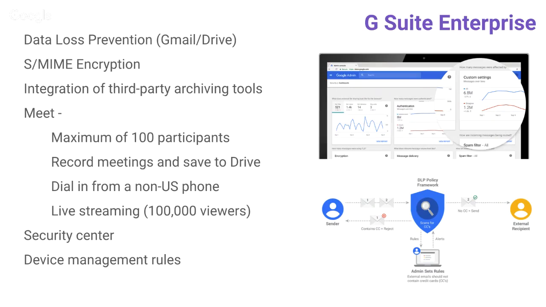Now, in the earlier versions of G Suite, Basic and Business, you did get some of this functionality, but Enterprise takes it to a new level and offers very detailed and highly secure DLP functions to assist in the prevention of costly data leaks.